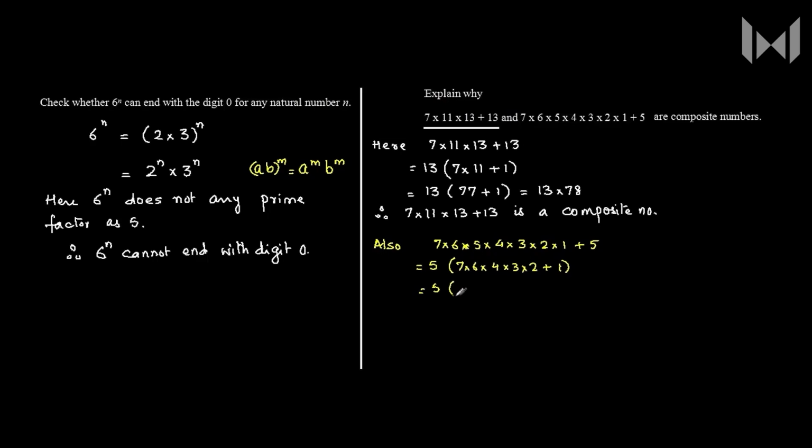This is 5 into, now 7 sixes are 42, 42 into 2 is 84, 84 into 12 gives 1008. So it's 1008 plus 1, and that is 5 into 1009, and therefore this is also a composite number.